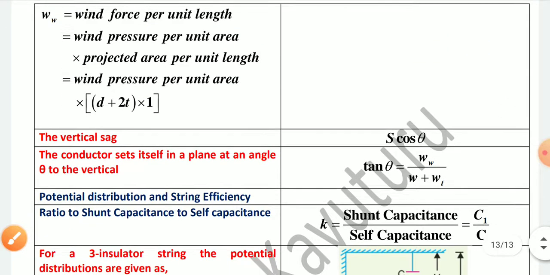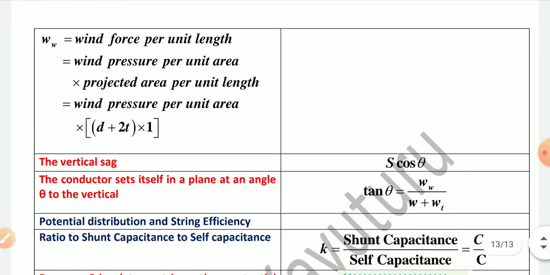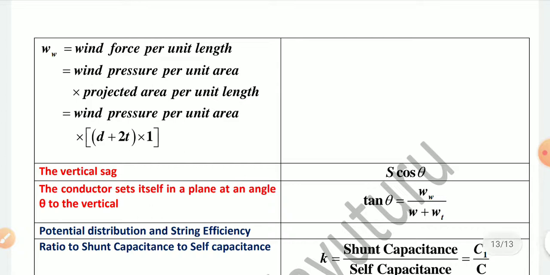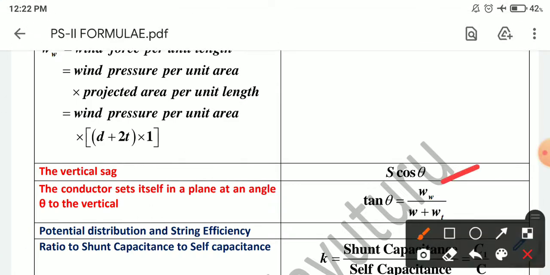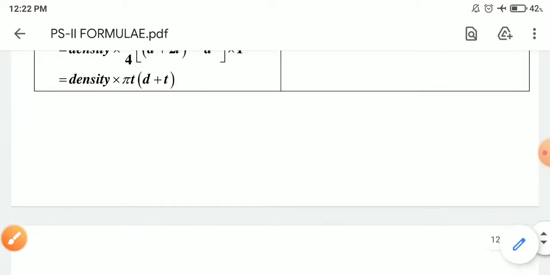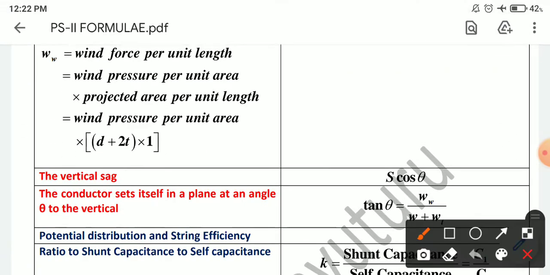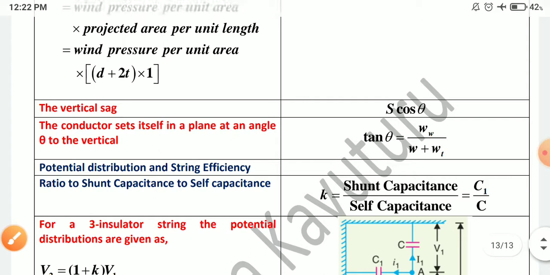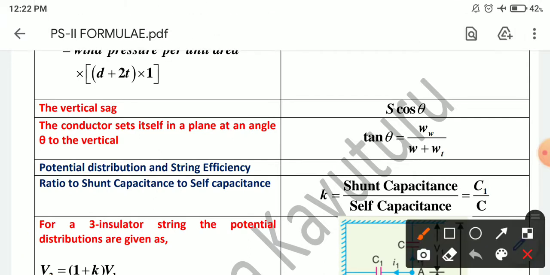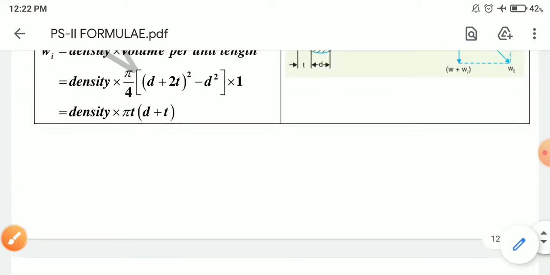Next, the vertical sag can be given by this formula, vertical sag S into cos theta. By applying cos theta here, we get this vertical sag, that is S cos theta. Similarly, the conductor sets itself in a plane at an angle theta to the vertical, which we find by applying tan theta from this phasor diagram.